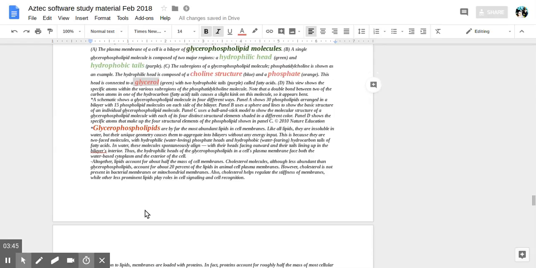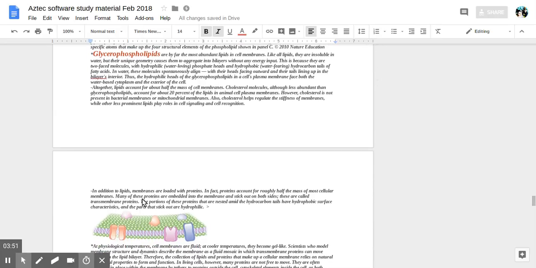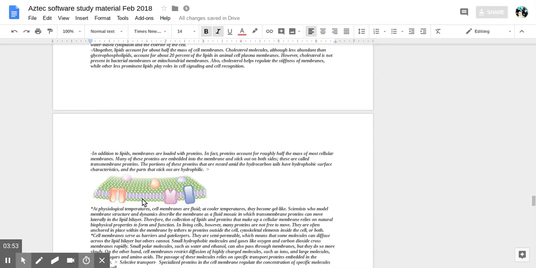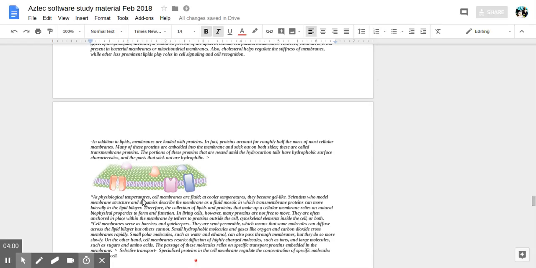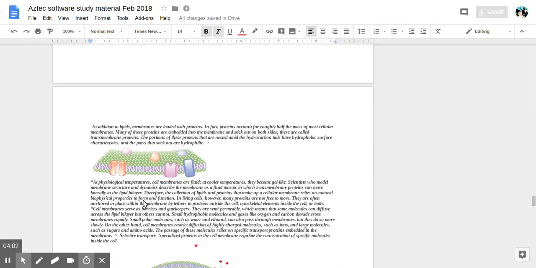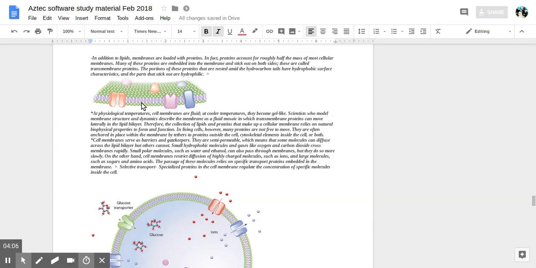So then we have cholesterol, which is also part of the bilayer, regulating the stiffness of the membranes. And then other less prominent lipids play roles in cell signaling and cell recognition as well. Another picture showing the bilayer.